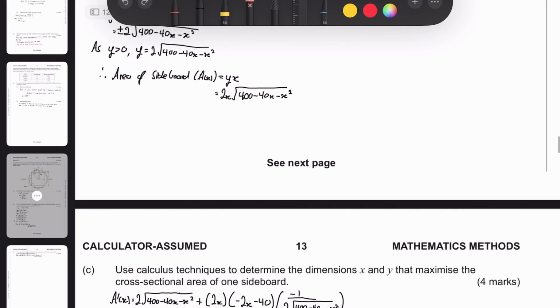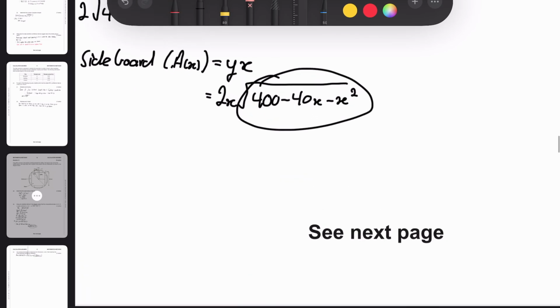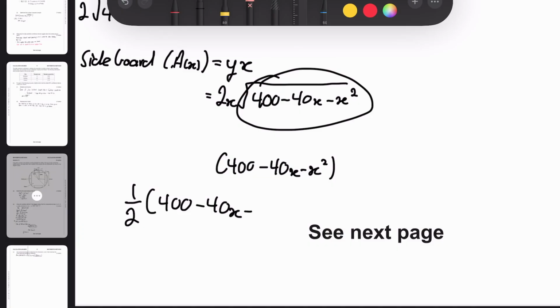Then the derivative of this, since this is just 400 minus 40x minus x squared to the power of 1 on 2, we can bring the power to the coefficient and then minus 1. So then we are left with 1 on 2, 400 minus 40x minus x squared to the power of negative 1 on 2.